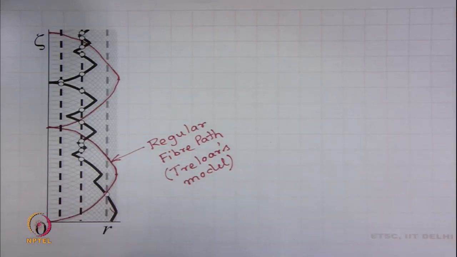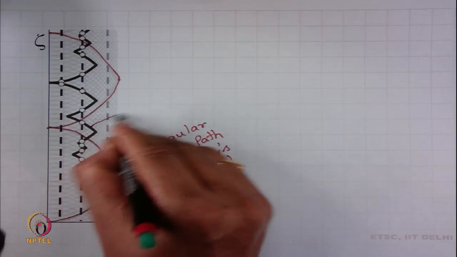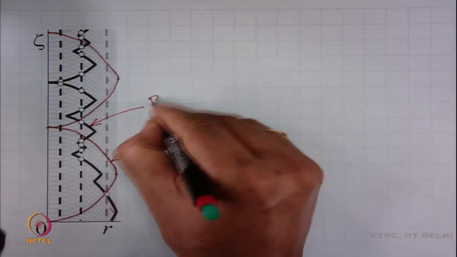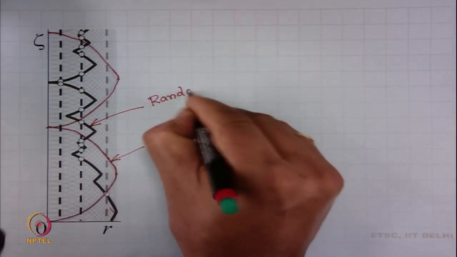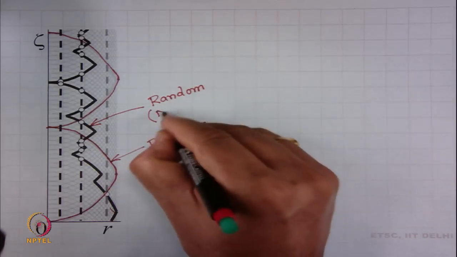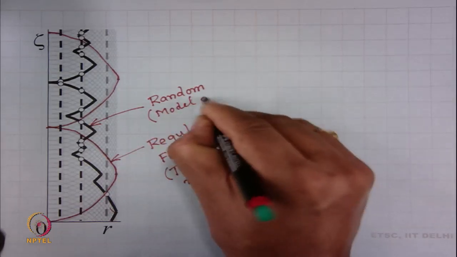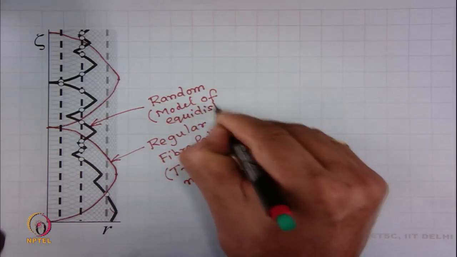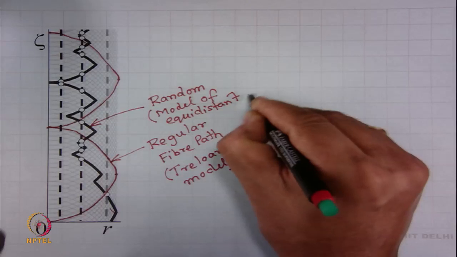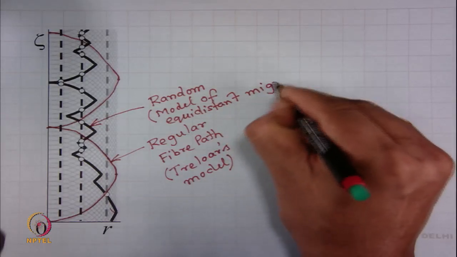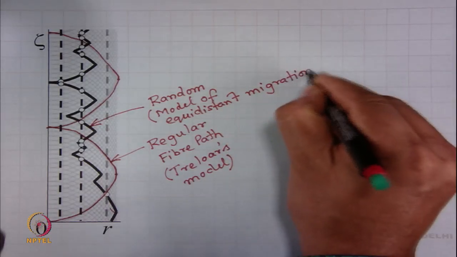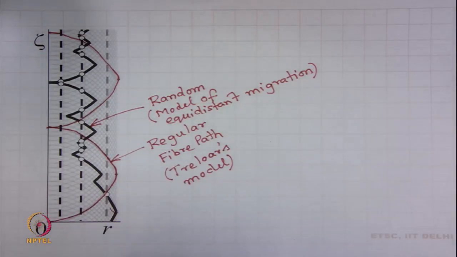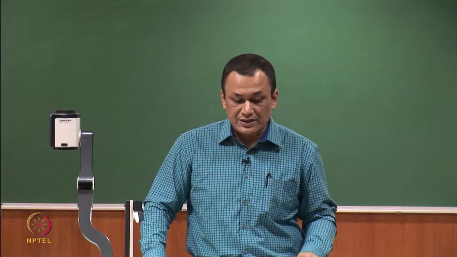But in this model fiber path is random. So, this is the basic difference between Taylor's model and model of equidistant radial migration.